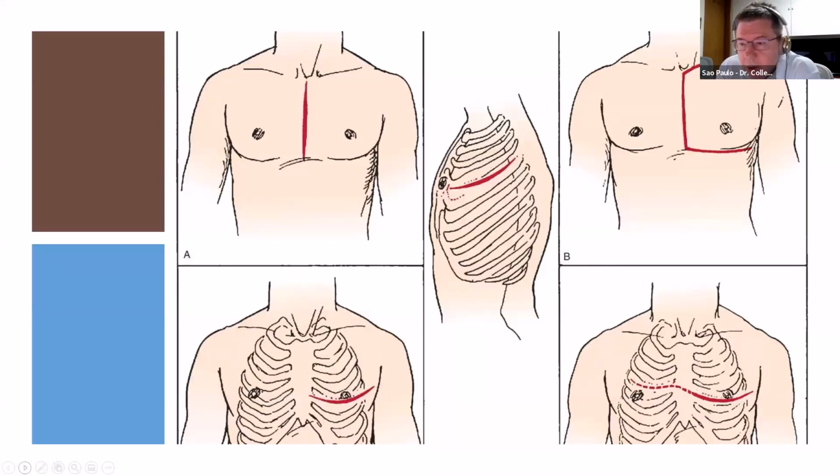I have one interesting comment: for the subclavian and axillary arteries, you have different access from the left and the right. For the right axillary artery, you don't need to go to a thoracotomy.